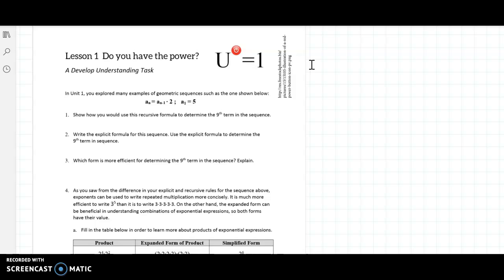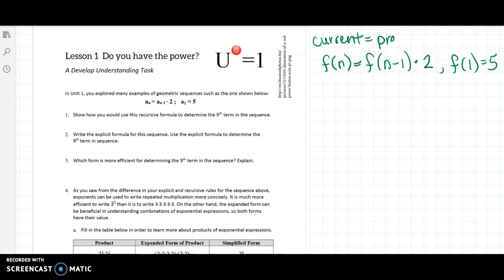If this is new notation to you, this is exactly the same as f of n is equal to f of n minus 1 times 2, where f of 1 equals 5. Our current output is equal to our previous output times 2, and the first output is 5.